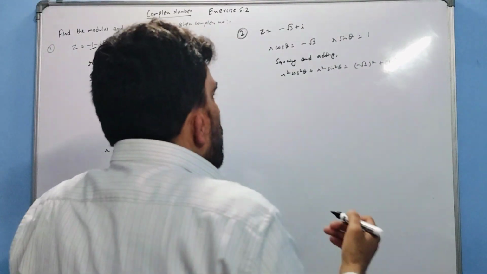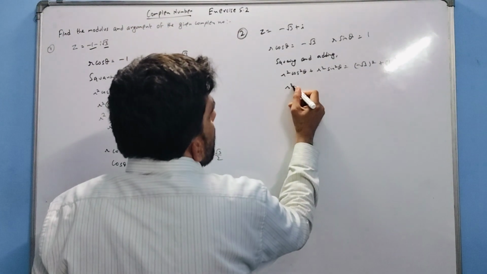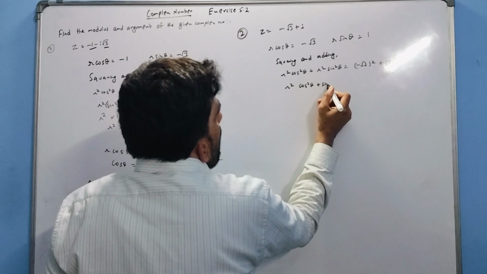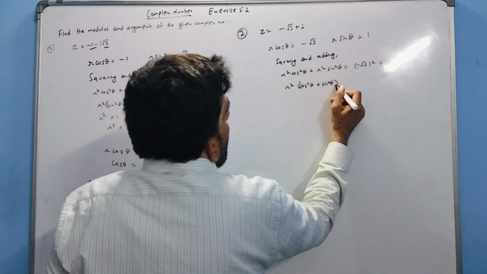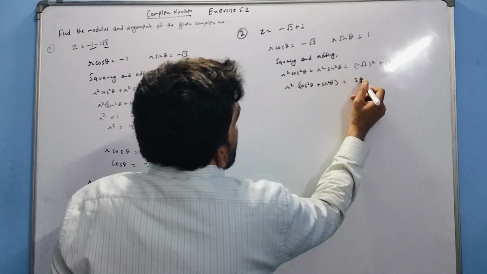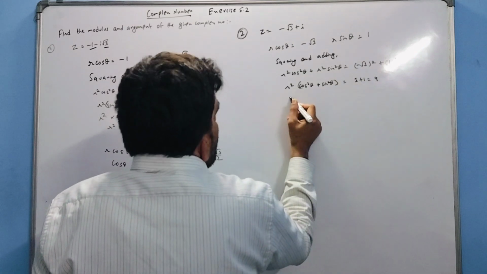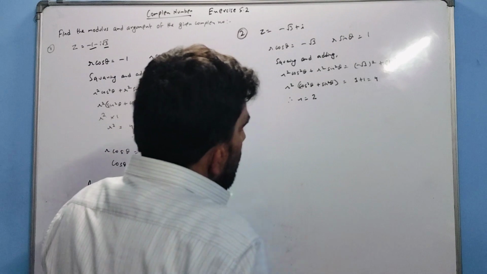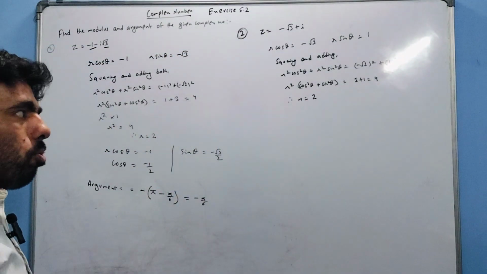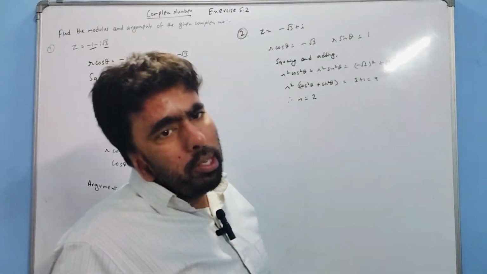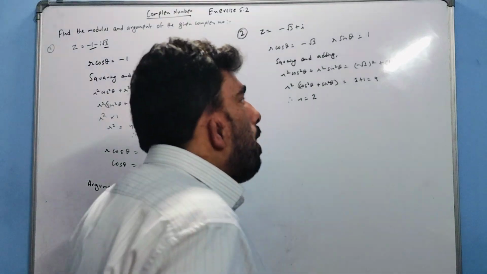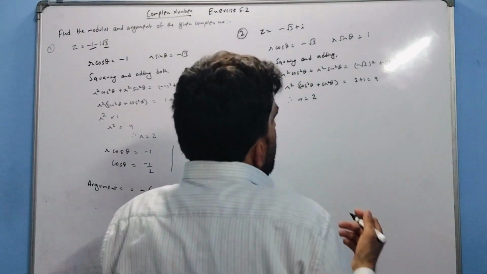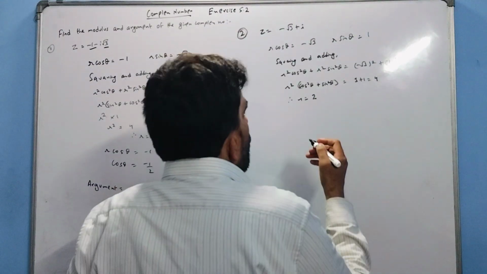Now we can take r square common, so we have cos square theta plus sin square theta is equal to 3 plus 1, which is 4. Therefore r is equal to 2. We know the identity sin square theta plus cos square theta is 1, which we studied in class 10th. So we have got the modulus, that is 2.